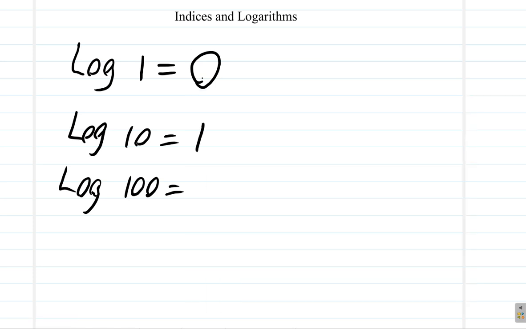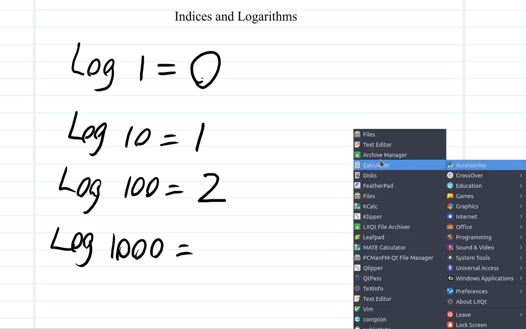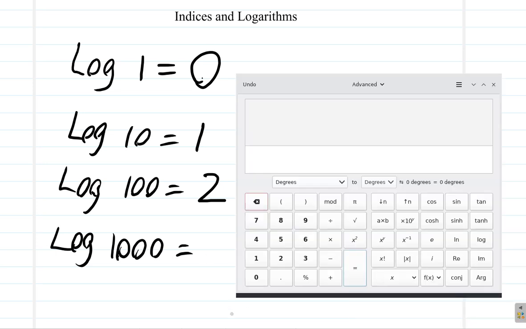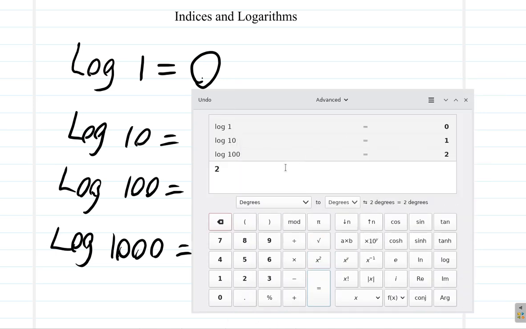So log 100 is 2. Suppose we find log 1000. What would we get? Getting interesting. Are we seeing some sort of pattern somewhere?